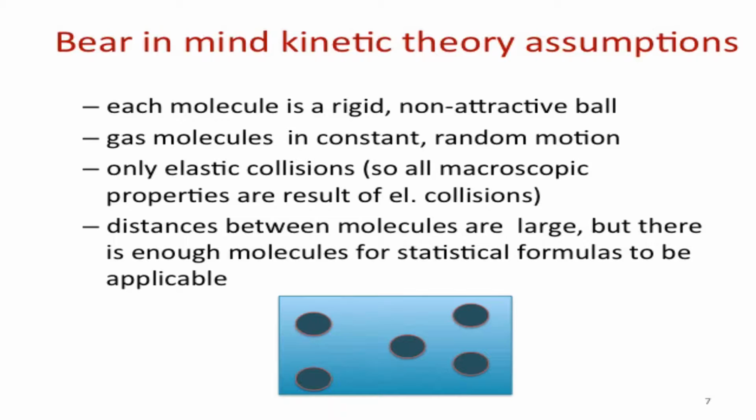We know that's wrong. So the further they are from each other, that assumption holds better. In this particular case, we're going to assume that, and also we have enough molecules statistically to actually do a statistical analysis of the behavior.